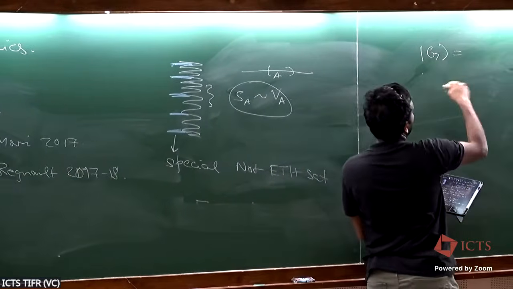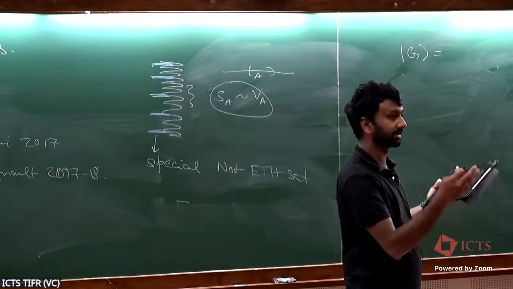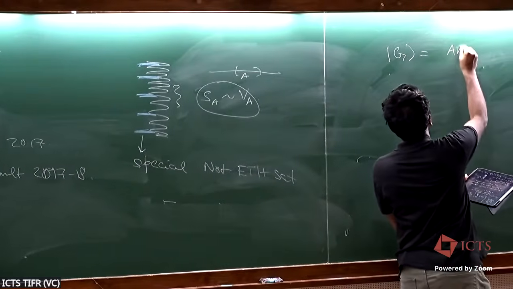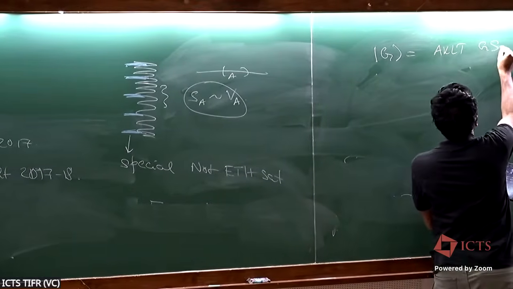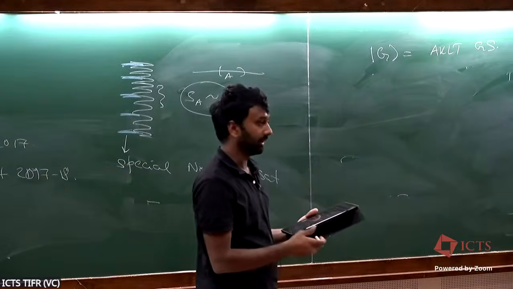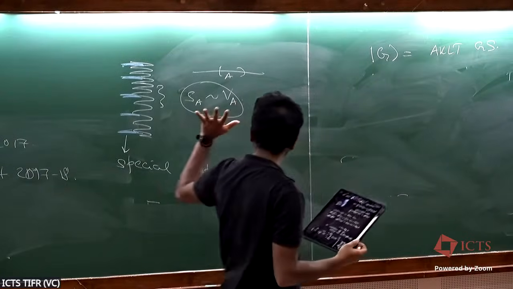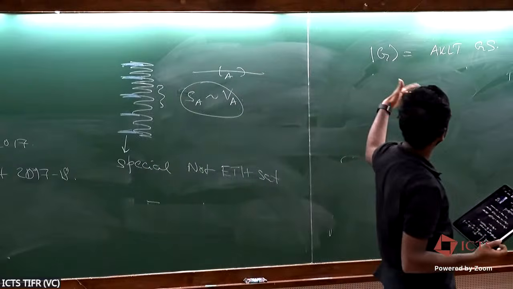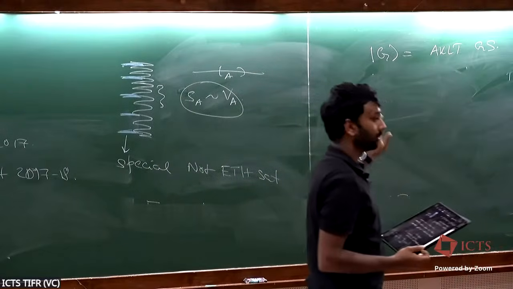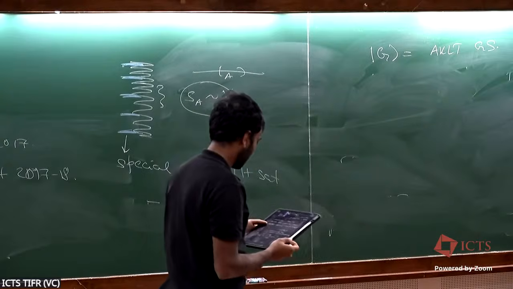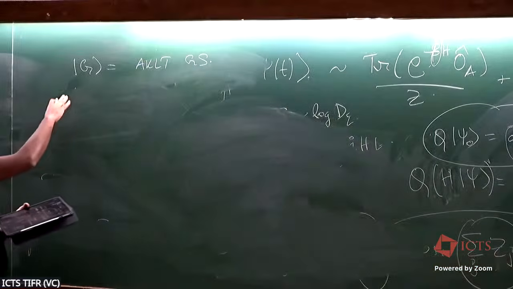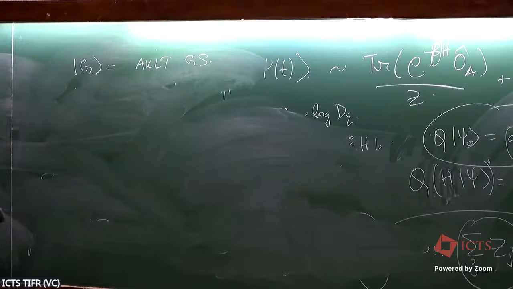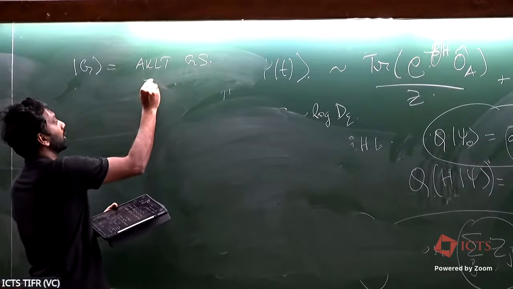So there is some ground state of your system, like the AKLT ground state. Initially it was discovered in this AKLT model, and then people simplified these models to find a much simpler set of states. But the idea was that you have a ground state, which is some matrix product state or a product state.